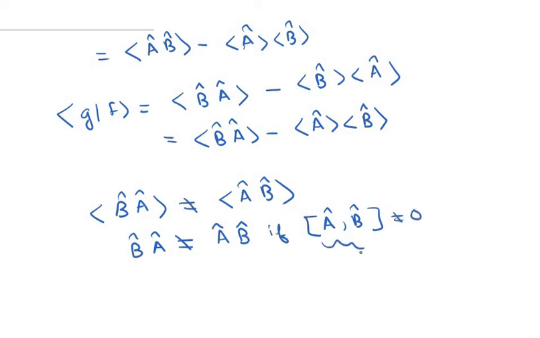We have already seen for the position and the momentum operator that their commutator is not 0, and so these two operators acting subsequently may not give the same result if we reverse their order or change their position.